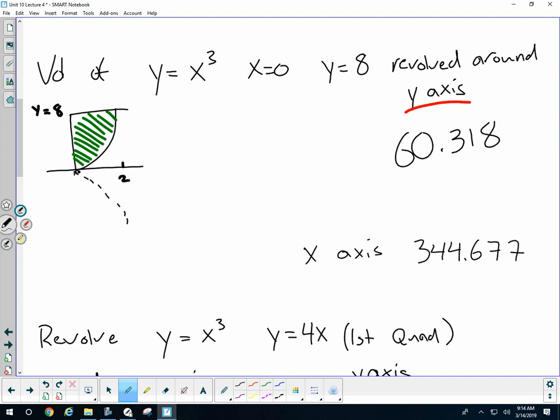Okay. Now, what do we notice about this object that's different from the last 3 things that we did? There's a hole. Now we need 2 sets of cylinders. I'm going to draw red cylinders that will give me the volume of the entire object.